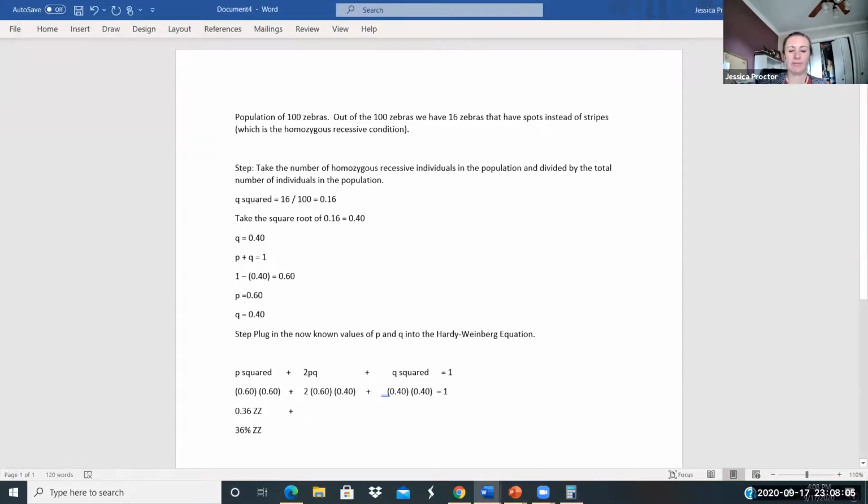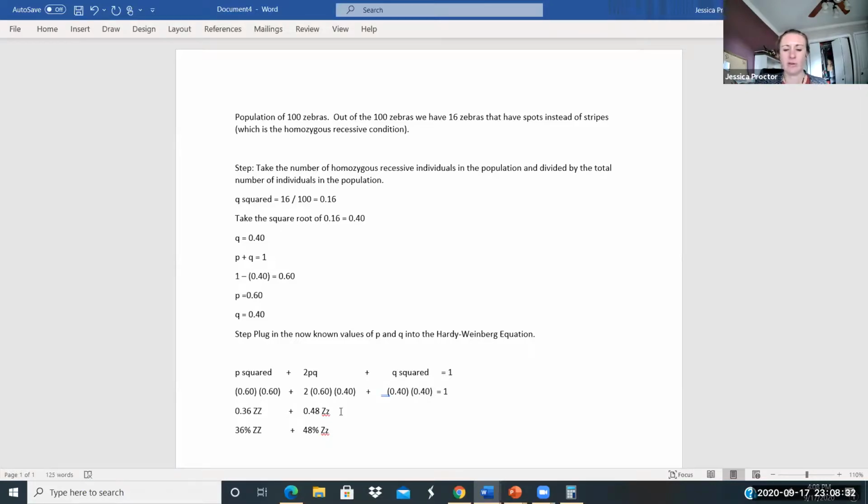So that number represents the frequency of the heterozygous genotype, in this case one big Z, one little z. We want to change that into a percentage, so we move our decimal 2 places. 48% of our zebra population is heterozygous at the locus that determines stripes versus spots for zebras.